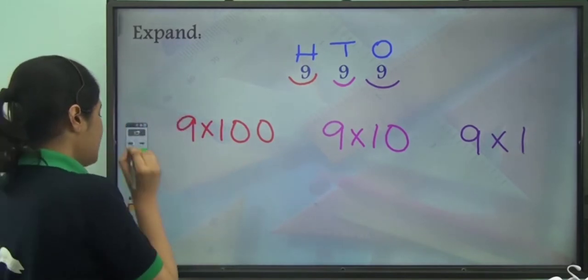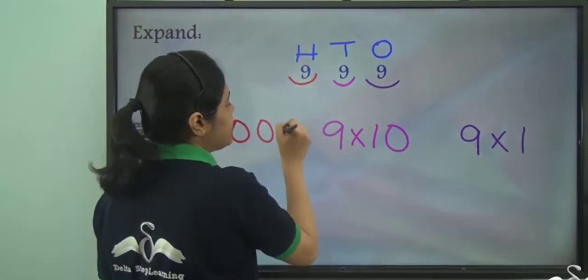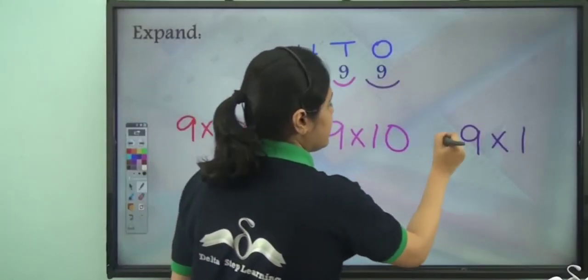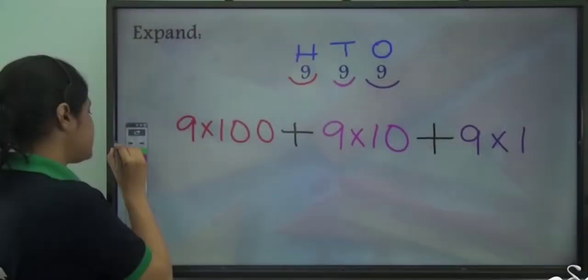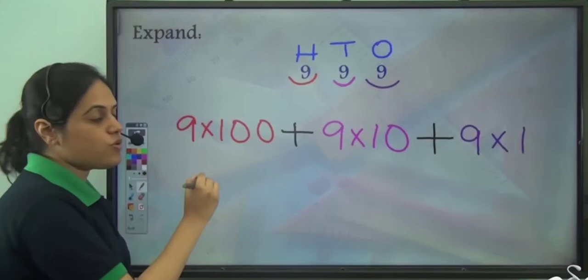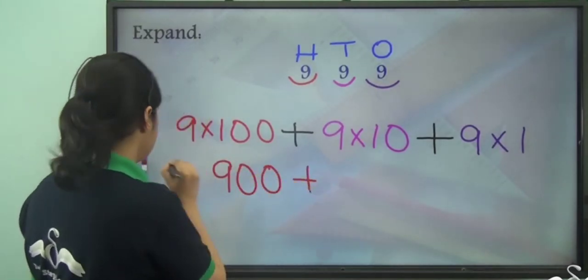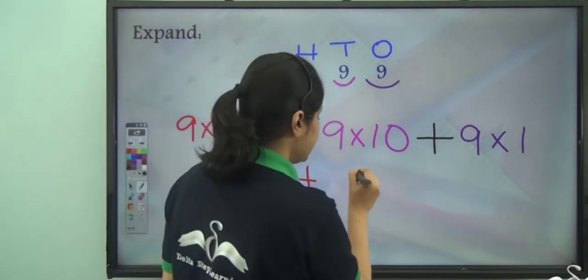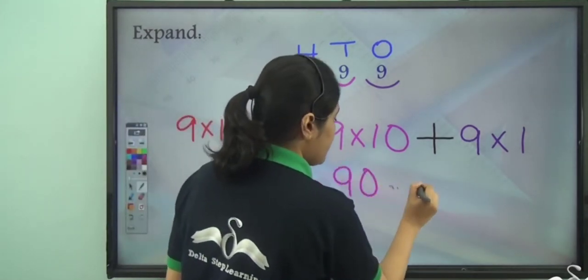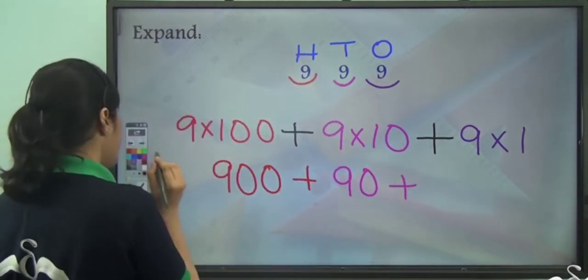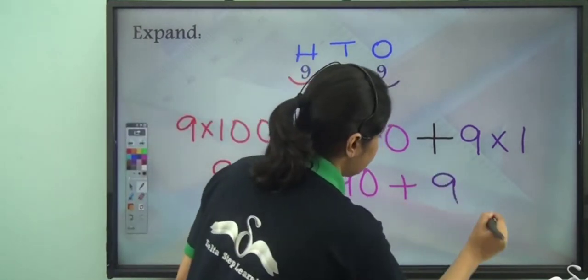So I have written the place values of all the 3 nines. And now I need to add them. So this will give me 9 into 100 is 900 plus 9 into 10 is 90 plus 9 into 1 is 9.